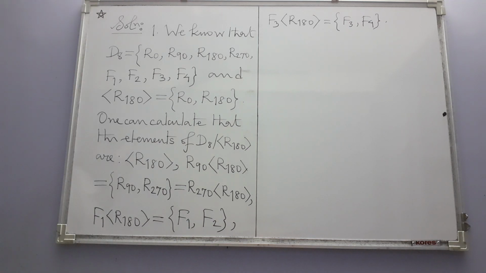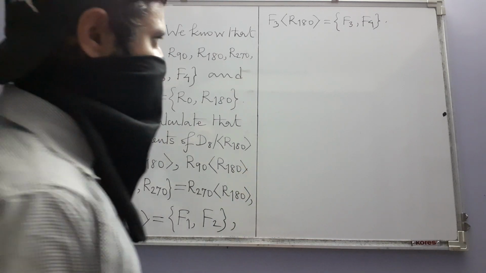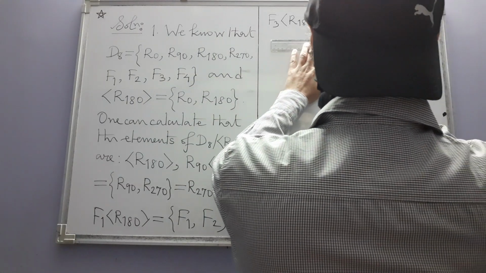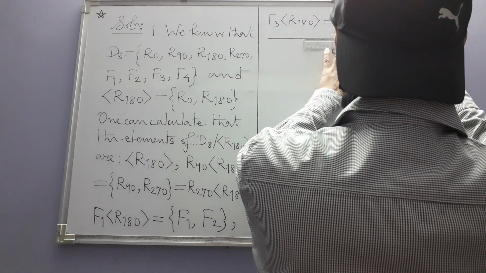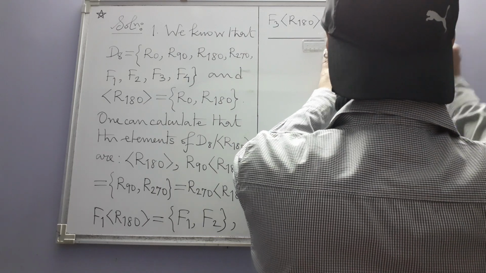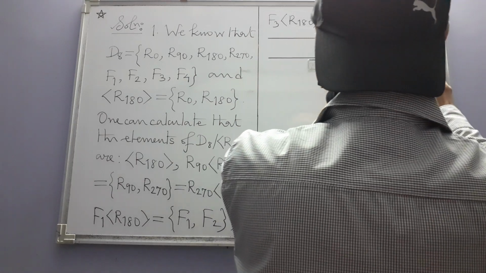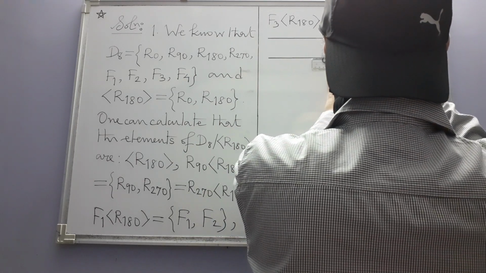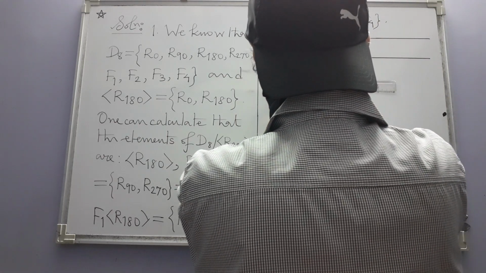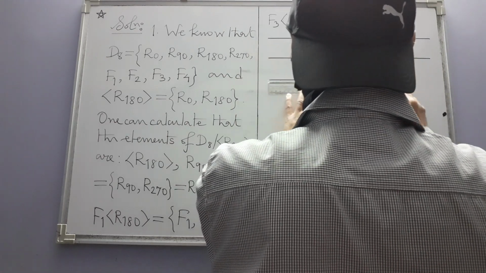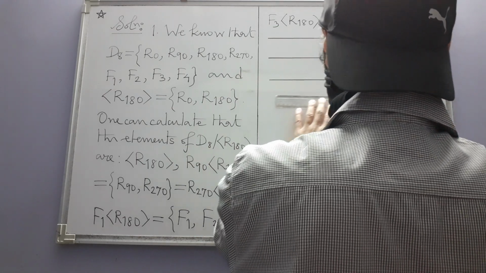So how many cosets are there? 4 cosets. So it should be a 5 by 5 table. One row and one column should be kept for writing the elements themselves, and then the actual table will come after that.